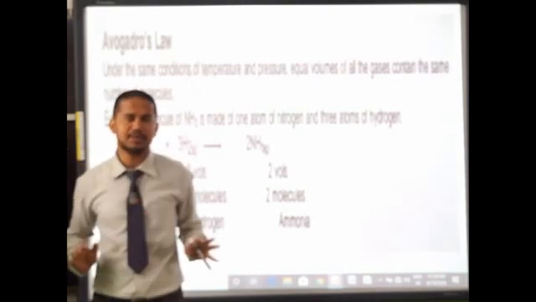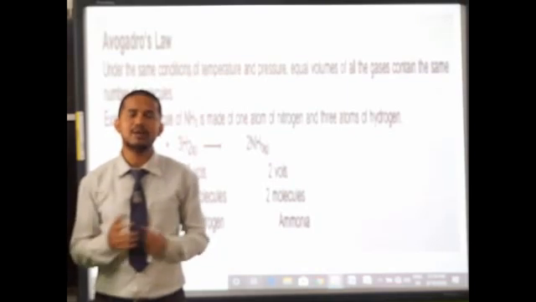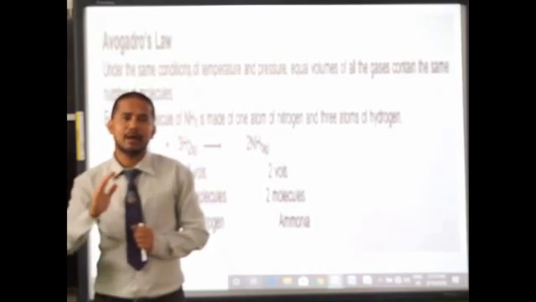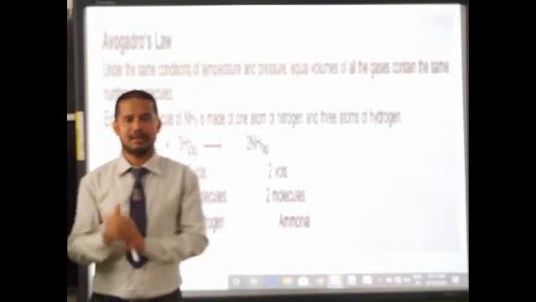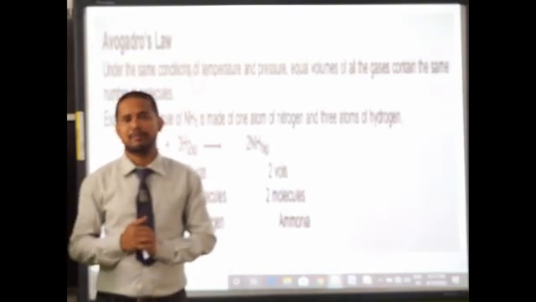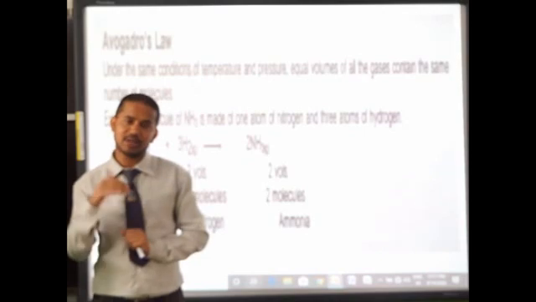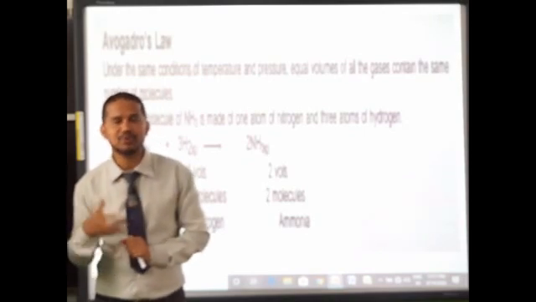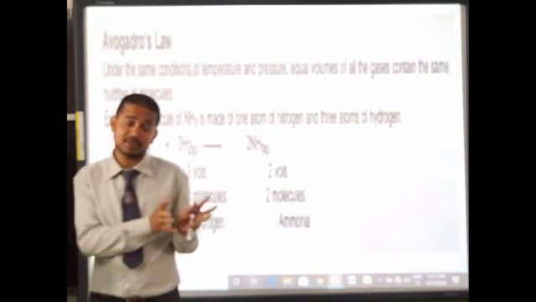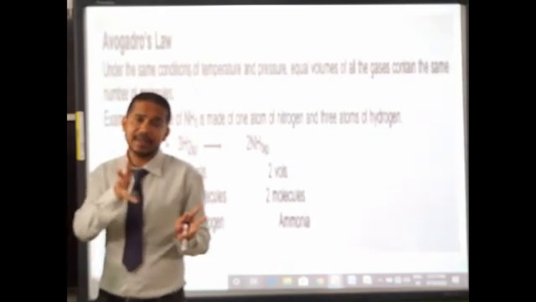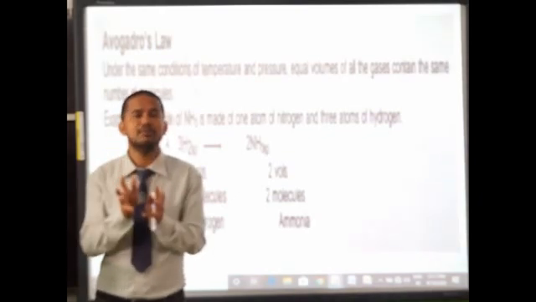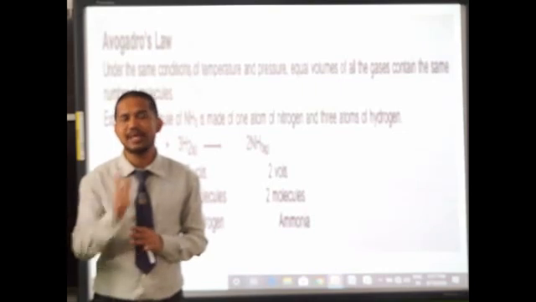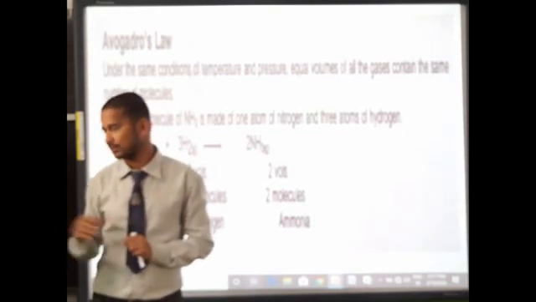For example, 1 dozen bananas has 12 bananas. Then 1 dozen eggs will have 12 eggs. So dozen means 12. Similarly, equal volume of all gases will have the same number of molecules.